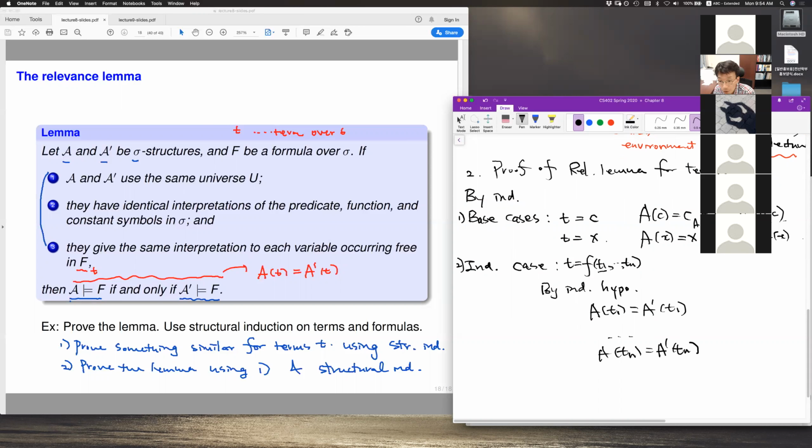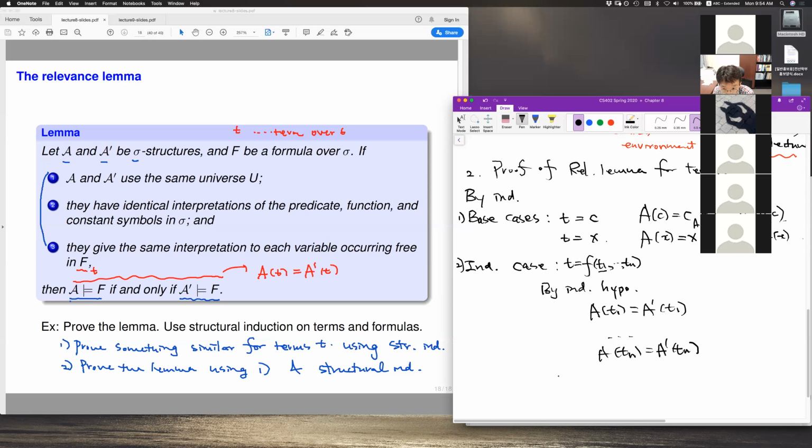So if A and A prime give the same value to free variables in T, they should give the same value to all the free variables in T1. So these conditions on this lemma continue to hold for all the subterms T1 up to Tn. That's why we can apply the induction hypothesis and obtain this conclusion.